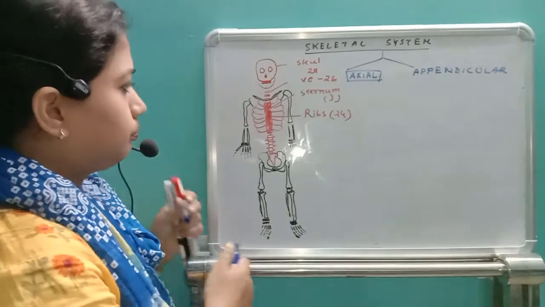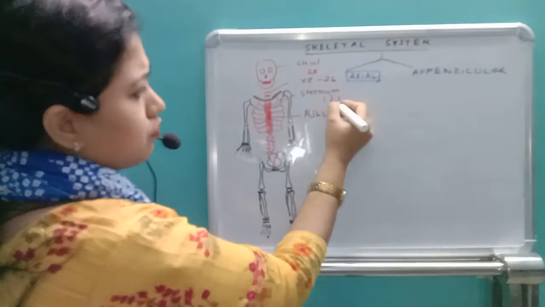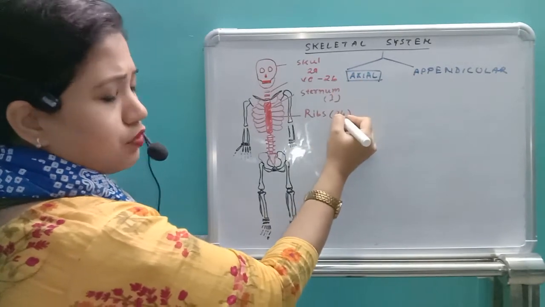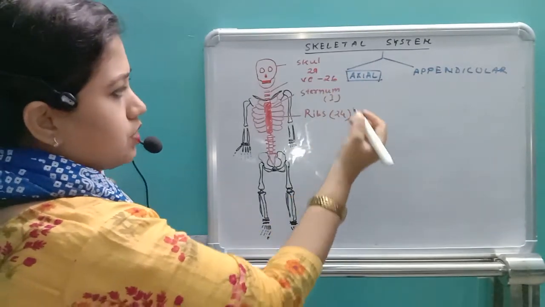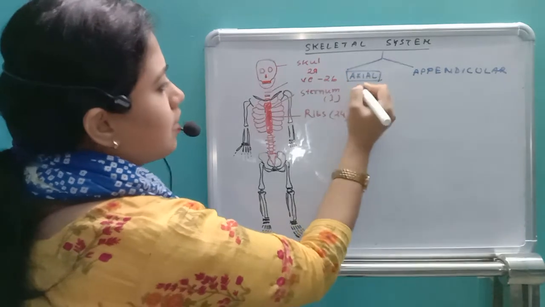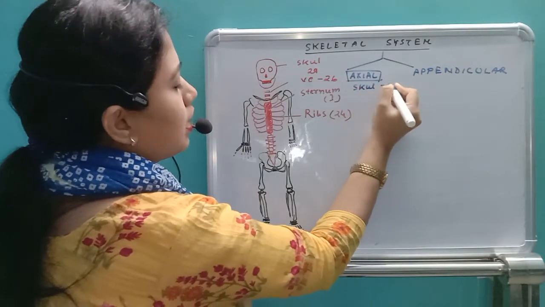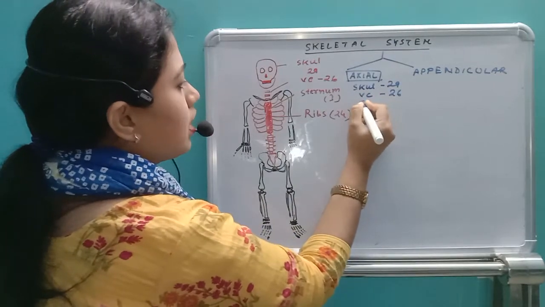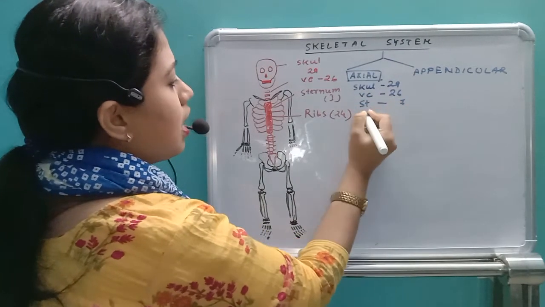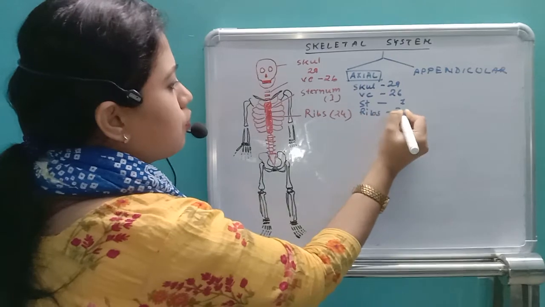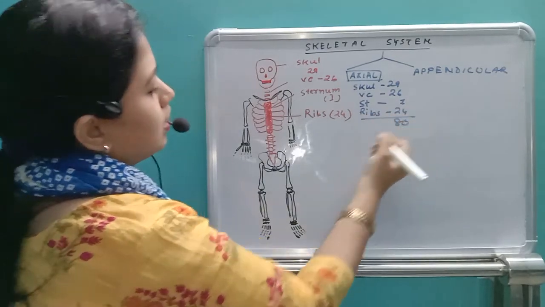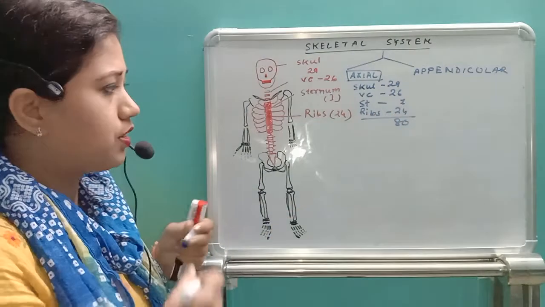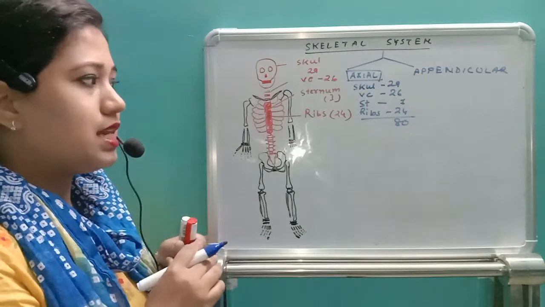We have 29 bones in the skull, 26 bones in the vertebral column, only one sternum and 24 ribs. In total we have 80 bones. You can count it yourself. So these are the 80 bones.